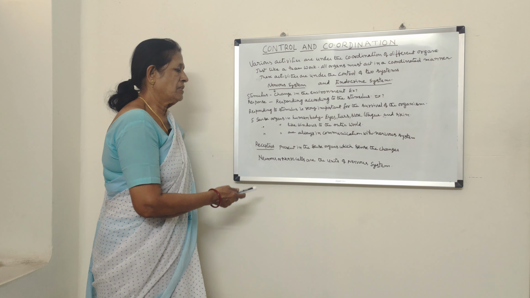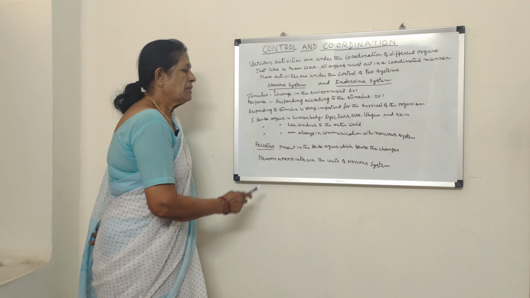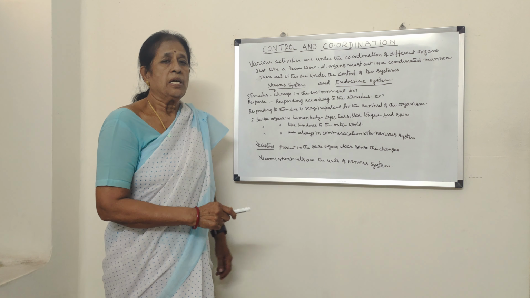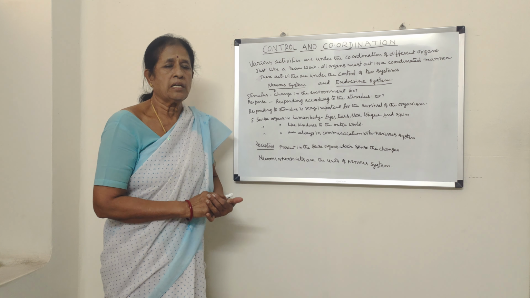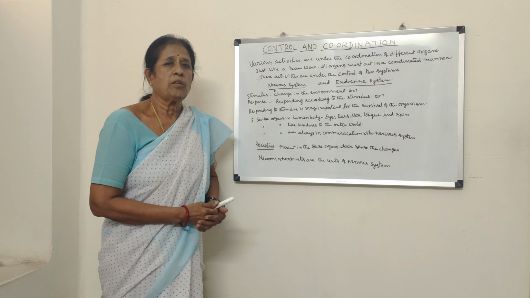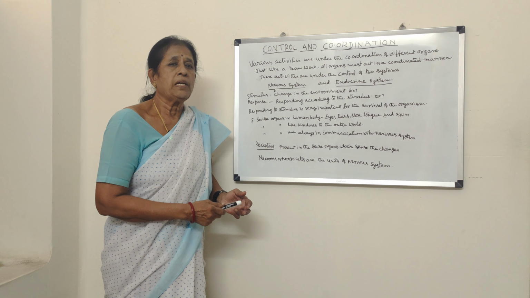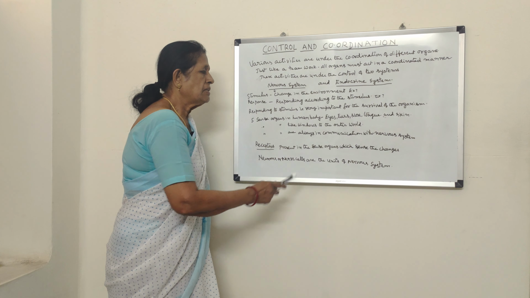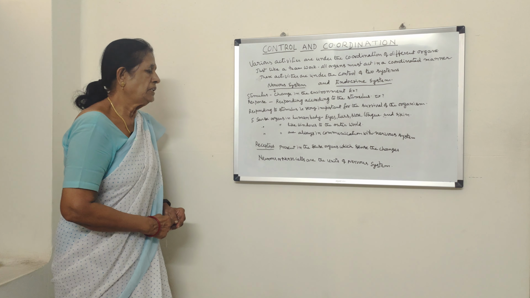Then what are receptors? Receptors are present in the sense organs and sense the changes. Suppose in the skin there are receptors. If we touch a hot body, the receptors can feel the hotness of the body. Like that, receptors in the sense organs sense the changes.